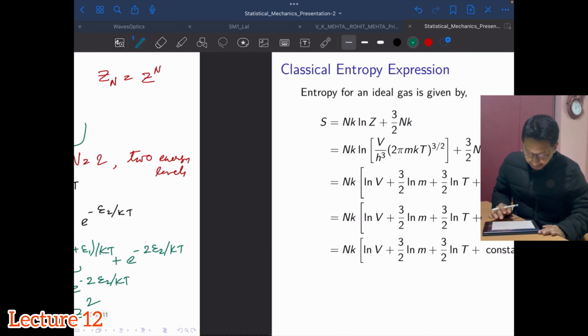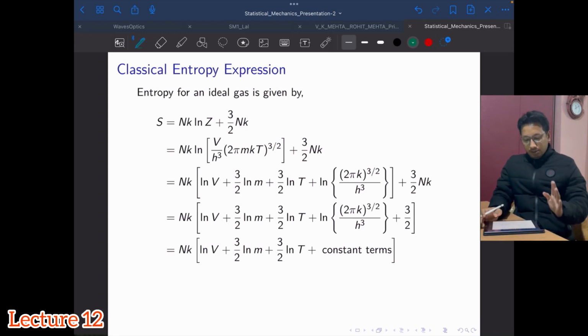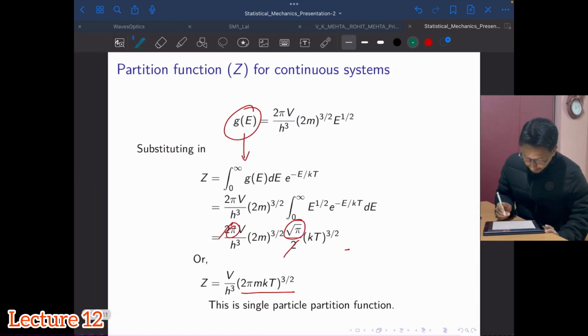So the entropy for an ideal gas, we all know that, and we have calculated this expression in the previous video, where entropy is given by nk ln Z plus 3 by 2 nk. Now substitute the expression of Z that we have derived just a few minutes back.